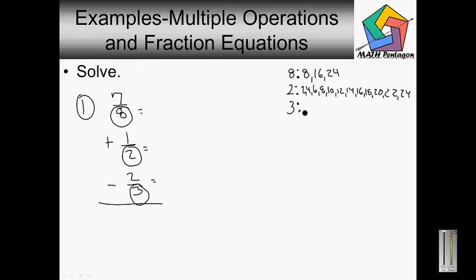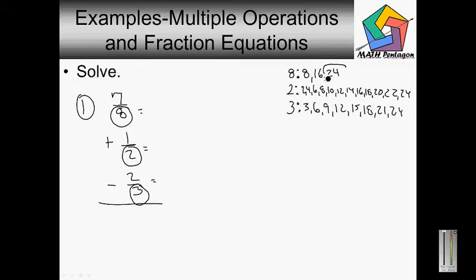For 3, 3 times 1 is 3, 3 times 2 is 6, 3 times 3 is 9, 3 times 4 is 12, 3 times 5 is 15, 3 times 6 is 18, and 3 times 7 is 21, and 3 times 8 is 24.